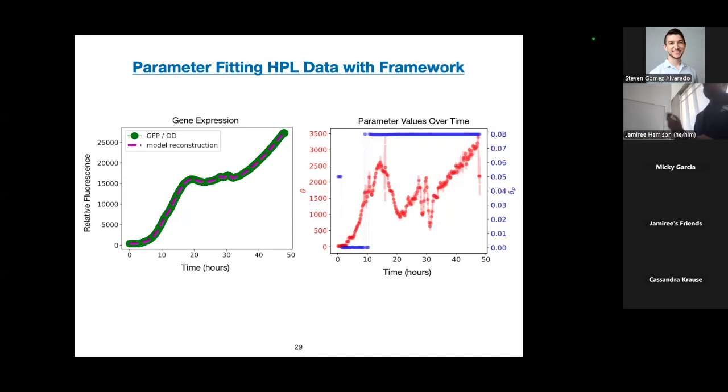Cool. So what we see when we run the algorithm on our data, if we take this GFP over OD and run the algorithm to fit the parameters, is theta in red and delta in blue. We do see a time varying theta parameter that governs the rate of synthesis of that protein. And it matches up with what you would expect in the behavior of this, right?